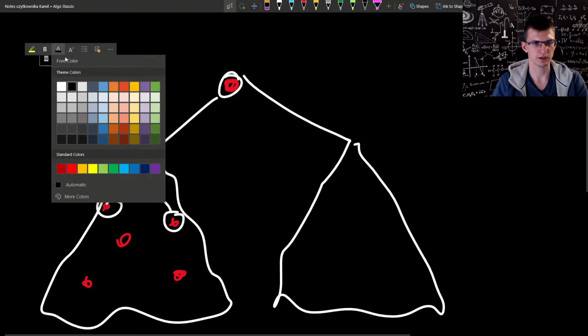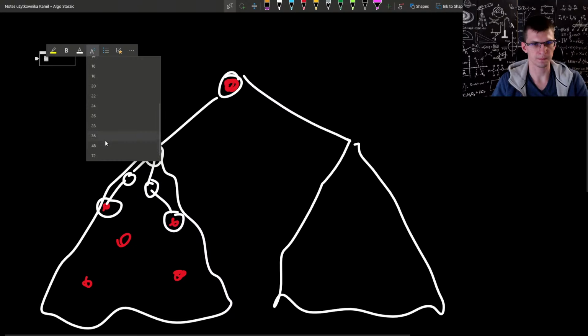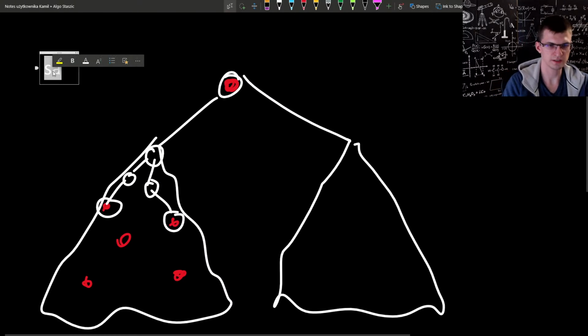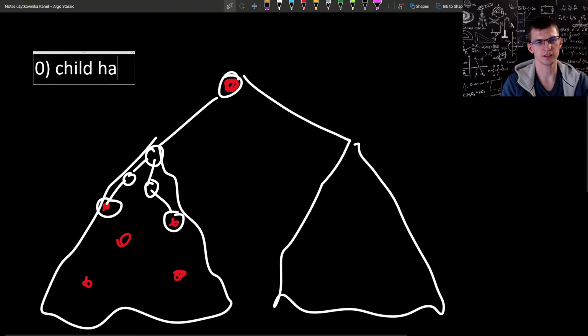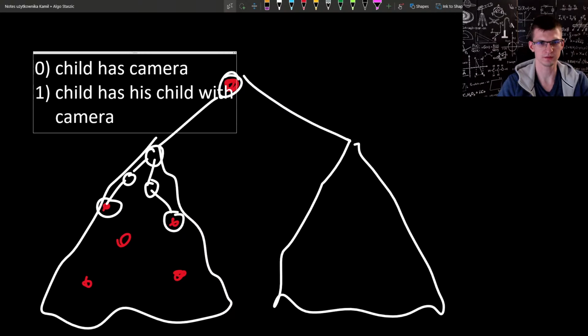Case 0 is the child has a camera. Case 1: the child doesn't have a camera, but it is monitored by its child, which has a camera.